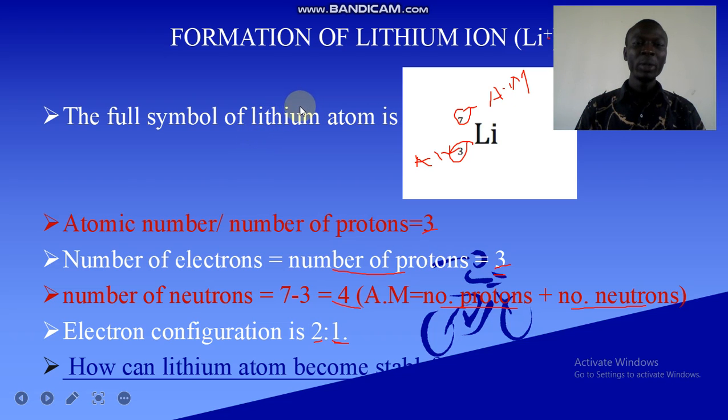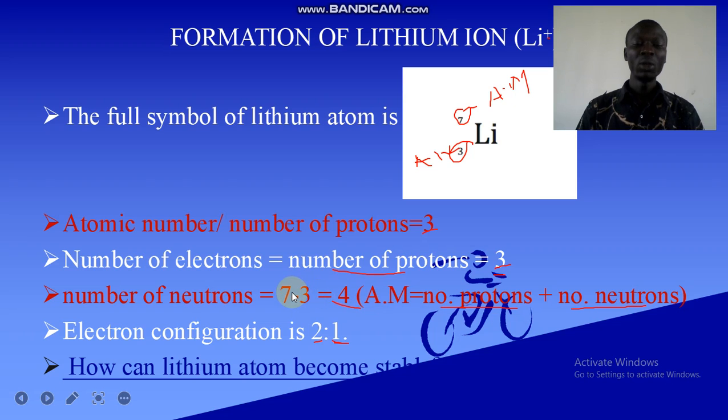Yes, you are welcome to yet another video on cation formation. In the previous video, we looked at how a lithium ion is formed. We said that the full symbol is this, and this is the atomic mass, and down there we have the atomic number, which is the number of protons, and the number of protons in a neutral atom is equal to the number of electrons.